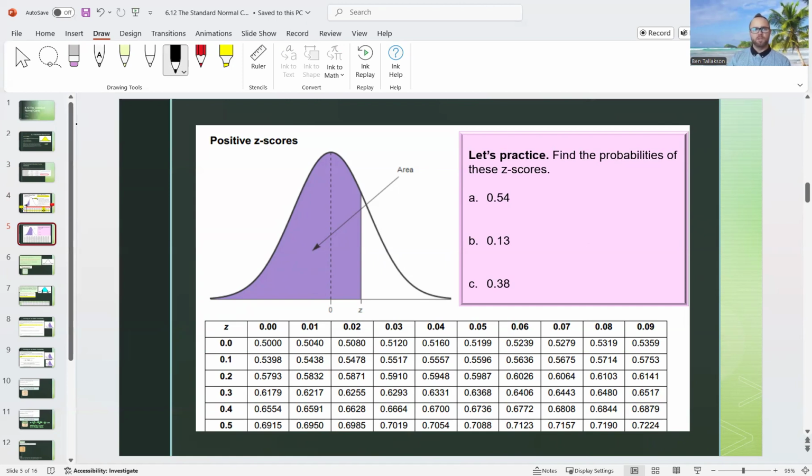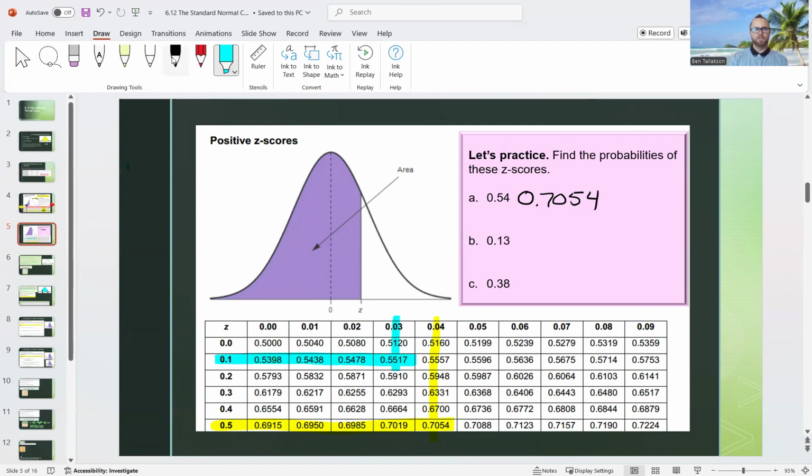Okay, let's see how it went. First, whole number and tens place: 0.5, and then 4. There it is. Should have gotten 0.7054. Next, I'll just keep the highlighting, use different colors. Here we go. 0.1 all the way till we get to 3.